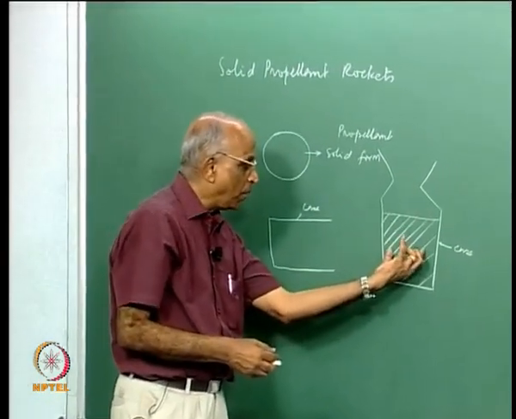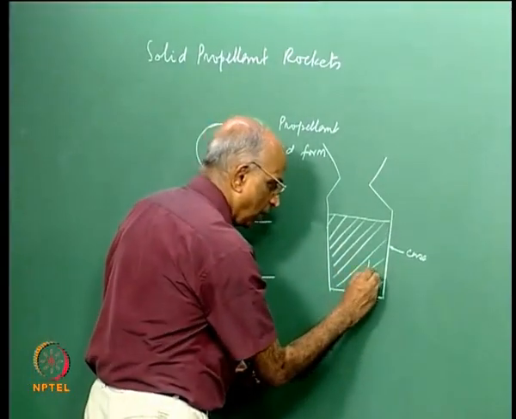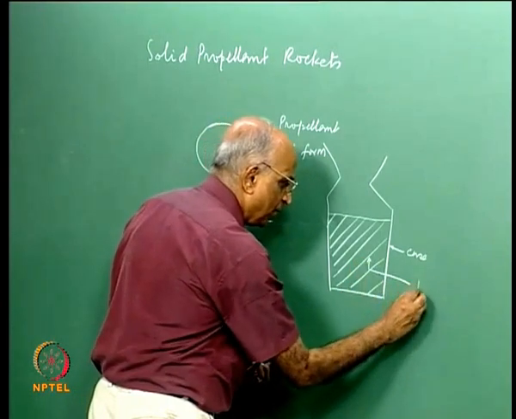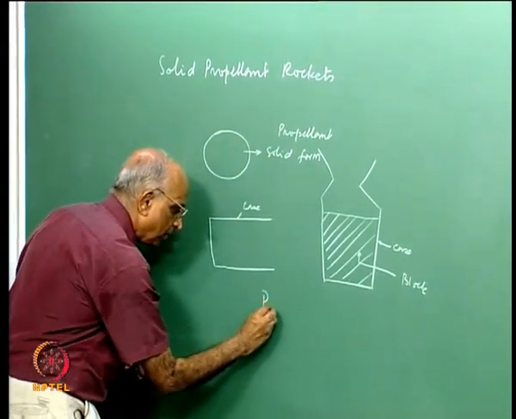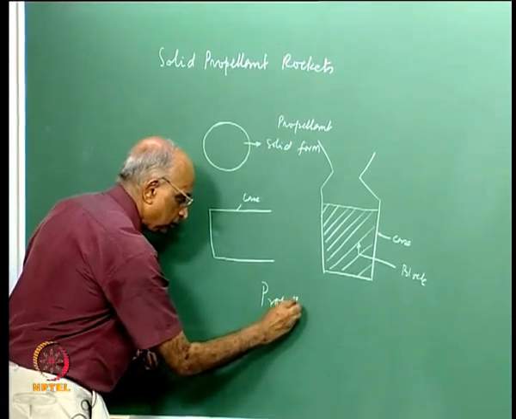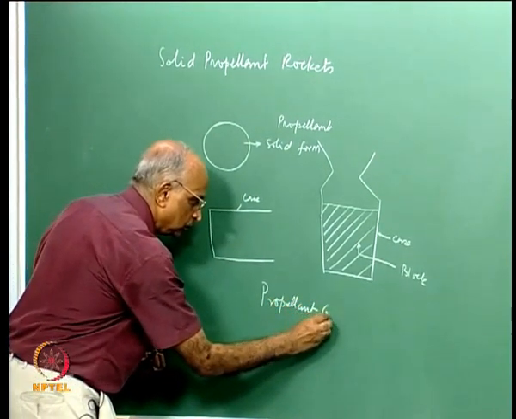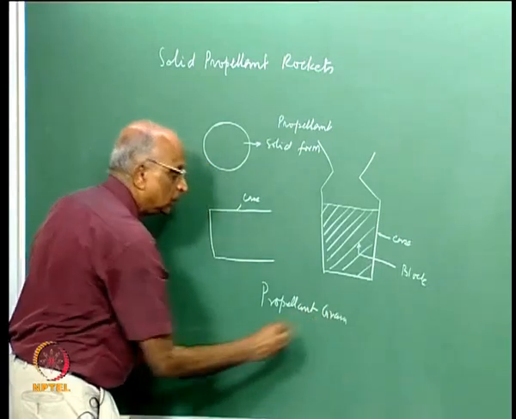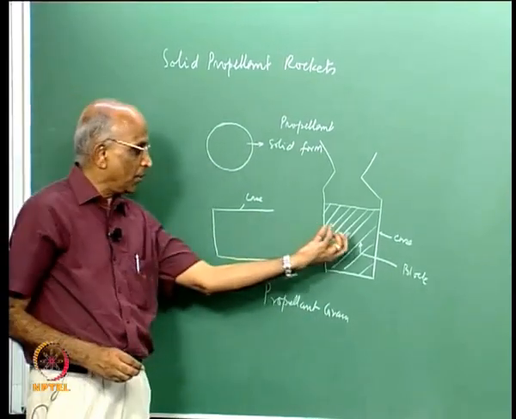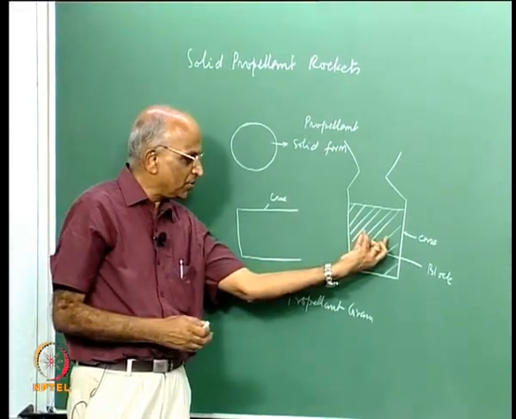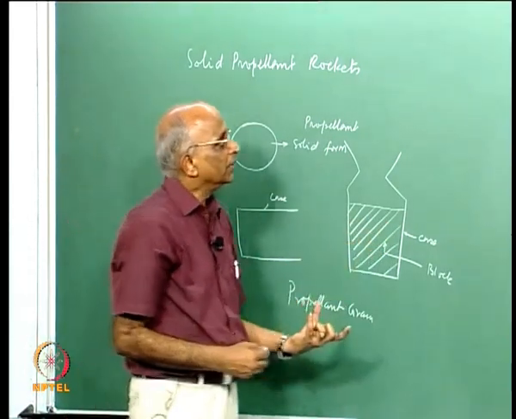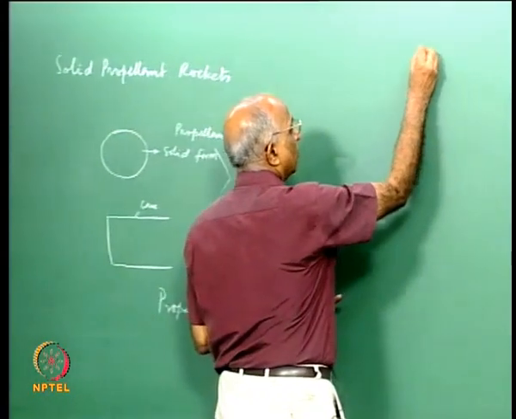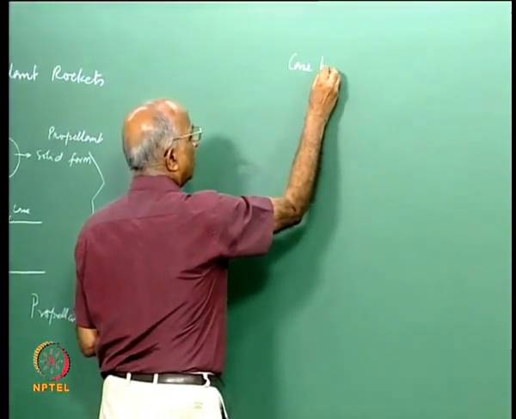I form a block, a solid propellant block, which we call a propellant grain. When I put the slurry in the case and make it solid inside the case, the rocket is known as case bonded.